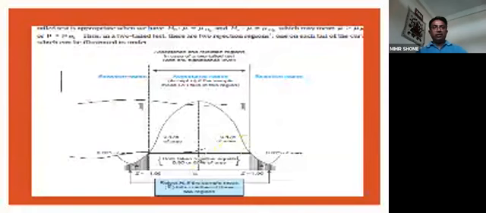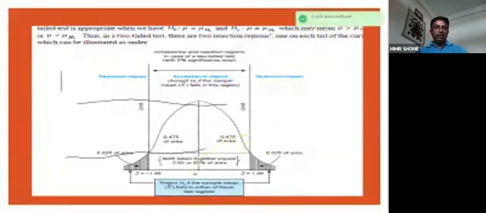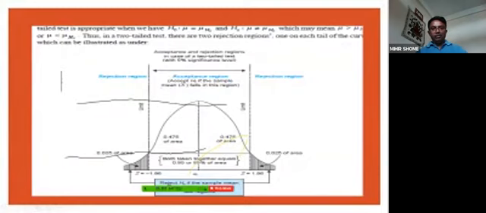Here we can say that this is the normal distribution curve. Here, this is the H0 and this is the Z minus 1.96, and since it is a two-tailed test, it should be on both sides. From here to here the value should be 0.025, and here also the value should be 0.025, and this is the rejection region.